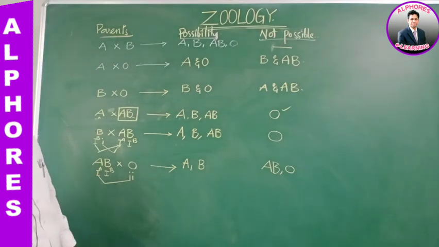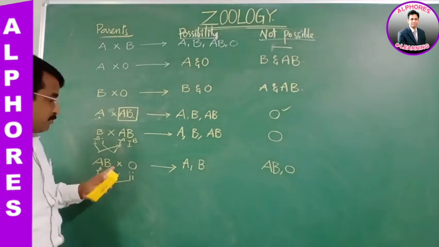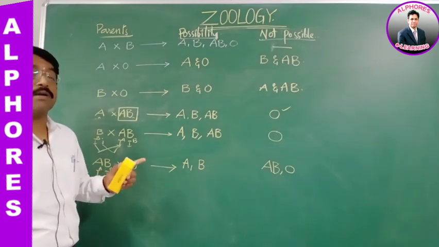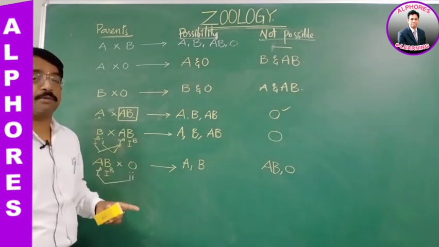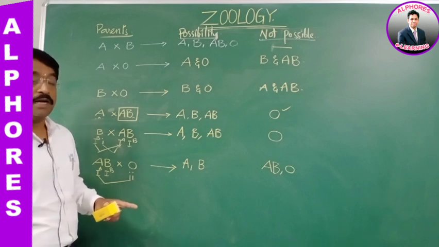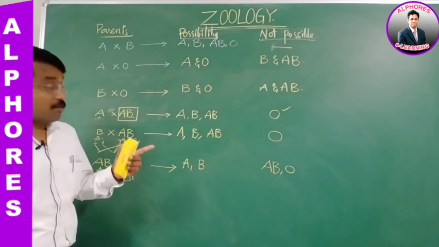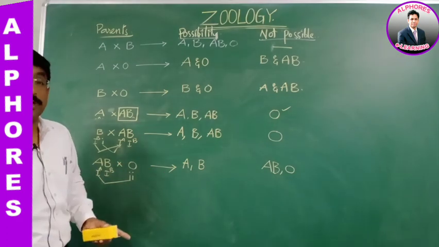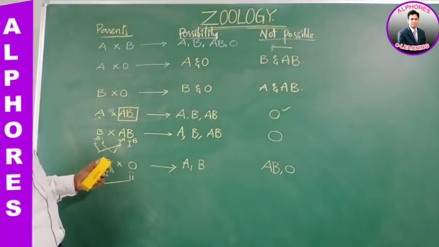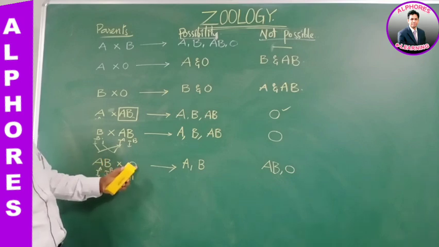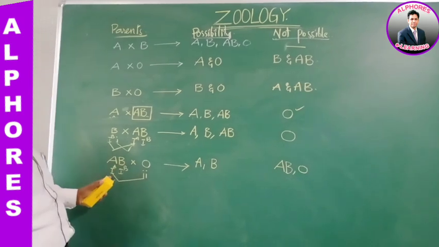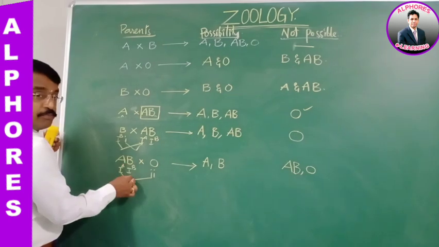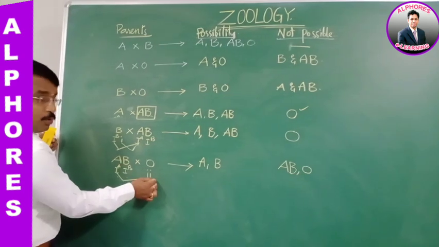This is a reminder for you. However, look here. These all indicate the possibilities of the progeny. The parental combination may not be repeated as it is in the progeny. Look here: AB and O are the parents. What is the possibility? A and B only. IA, IB is the genotype for AB, and IO.